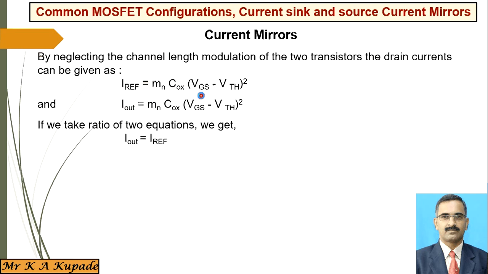By using this we get the current I reference, and the output current at the output side is calculated by the same expression.